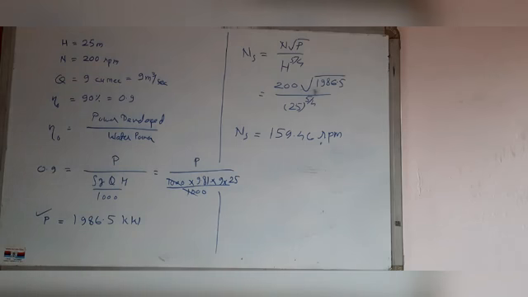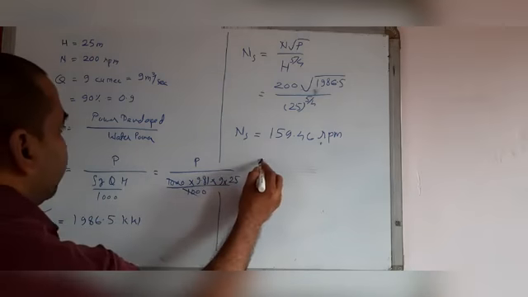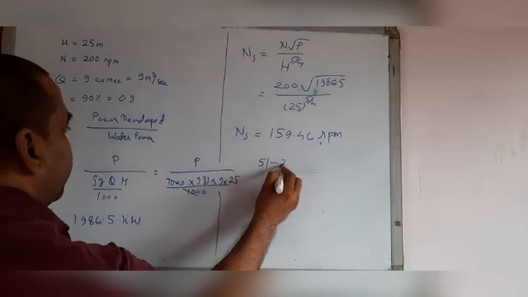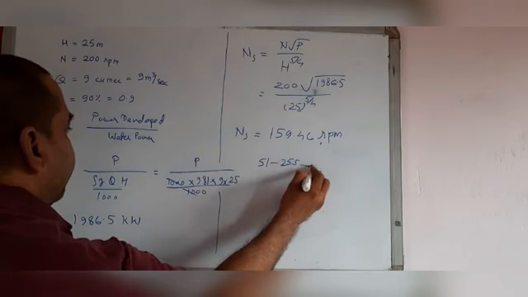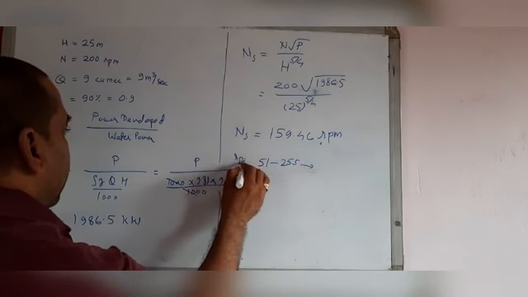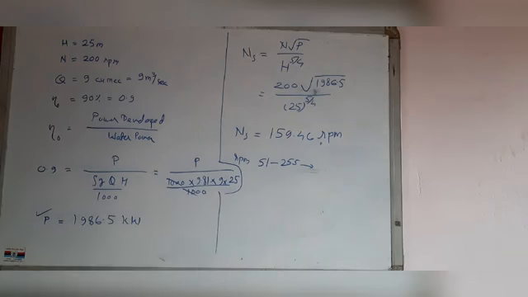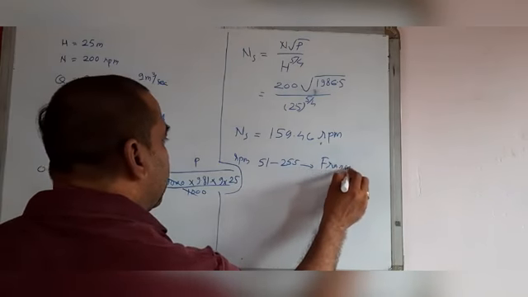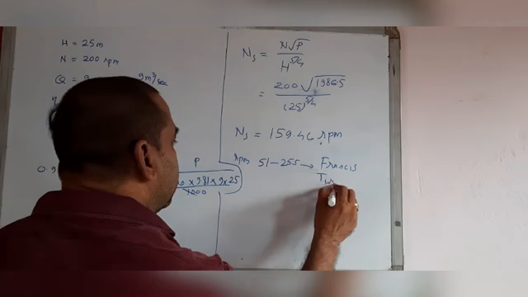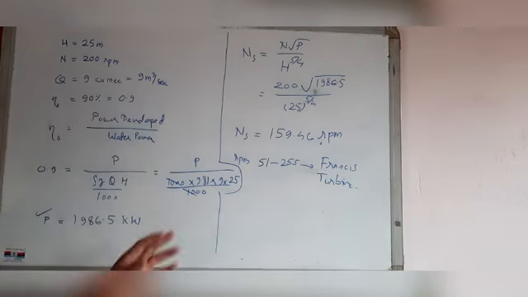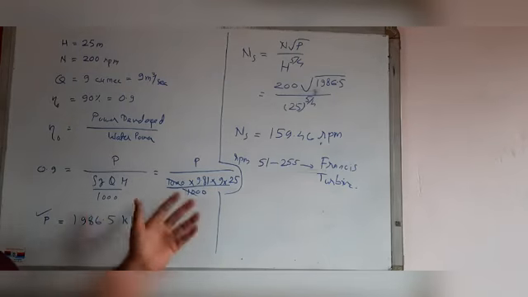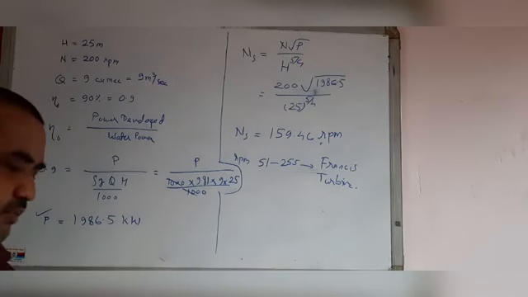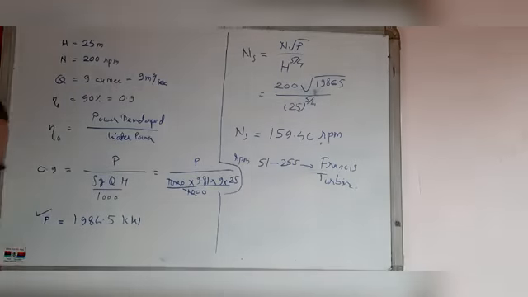As the specific speed lies between 51 to 255 rpm range, the turbine to be used is the Francis turbine. So you have to solve similar types of questions from the question paper and book also, and practice is most important. Thank you.